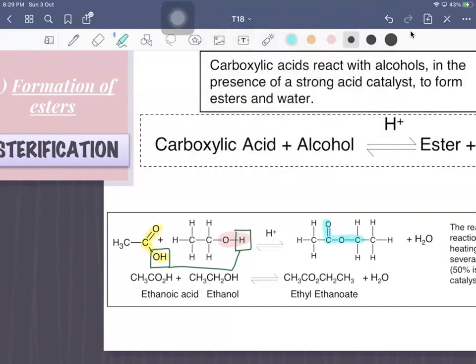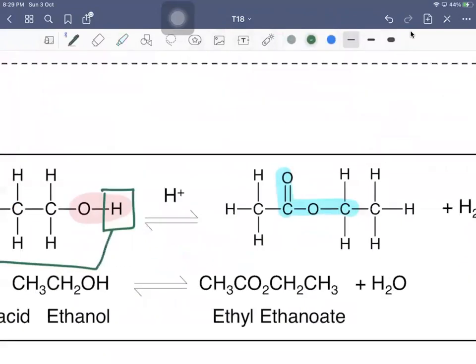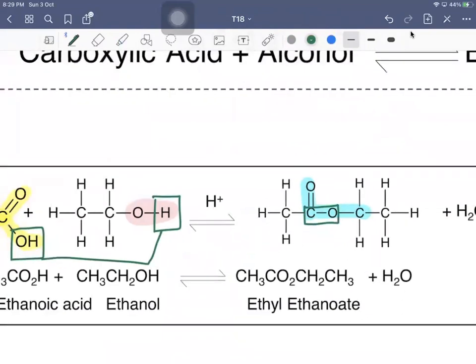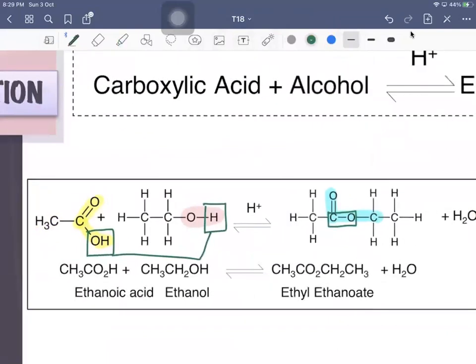Then we form the ester bond COOC. More specifically, the ester bond that is being formed is this C single bond O. Why is it important to highlight that C single bond O? Because that is the same bond that is being broken during hydrolysis. So the new bond formed is also the bond broken during hydrolysis.